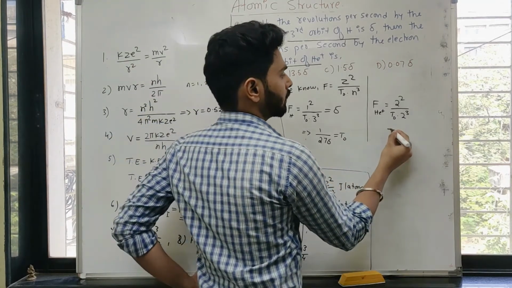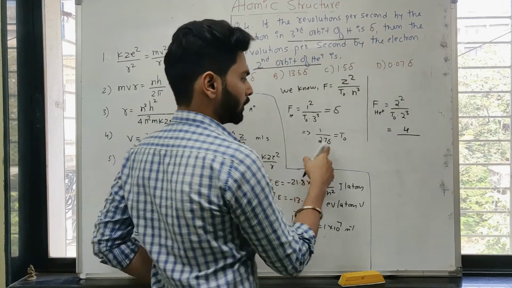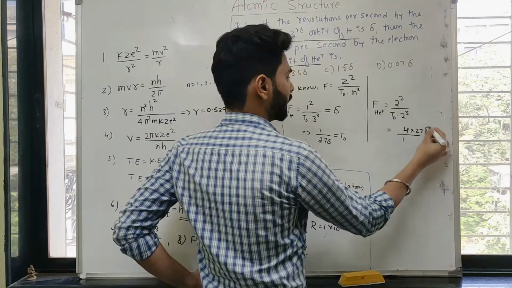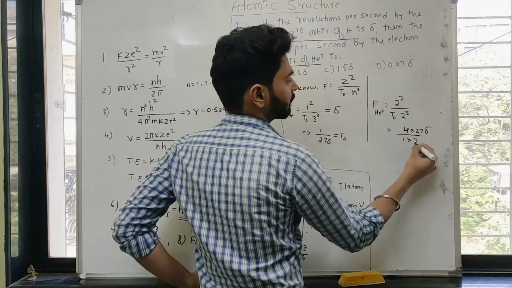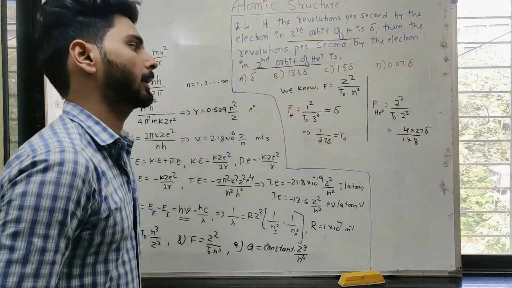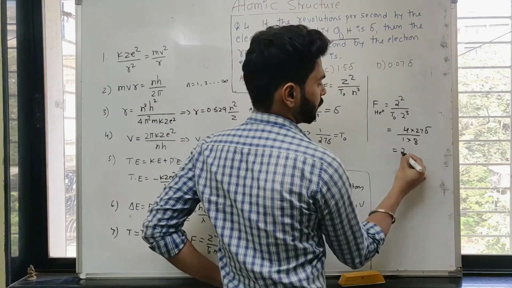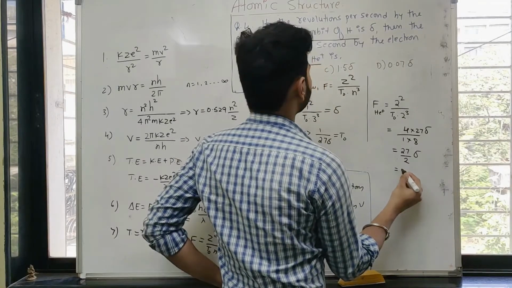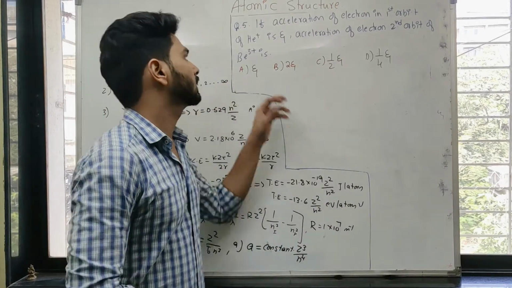So 2 power 2 is 4, T naught is 27 delta, divided by 2 power 3, that is 8. So this is 4 1 times, 4 2 times, 27 by 2 into delta, so 13.5 delta. Now let's see the other question.